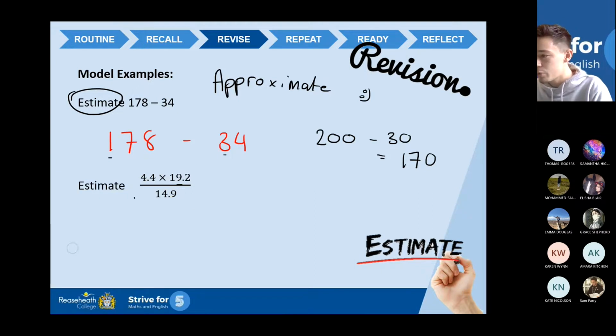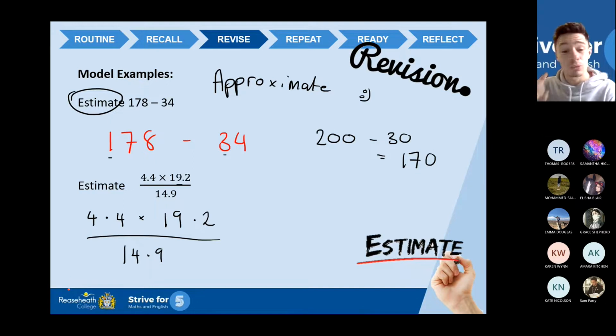So 4.4 times 19.2 divided by 14.9. Each one of these, we've got to round to one significant figure. So 4.4. What is the 4 going to do to the 4? It's going to keep it the same. So the 4 stays just as 4, 4.0 if you wish, but yeah, 4. 19.2.